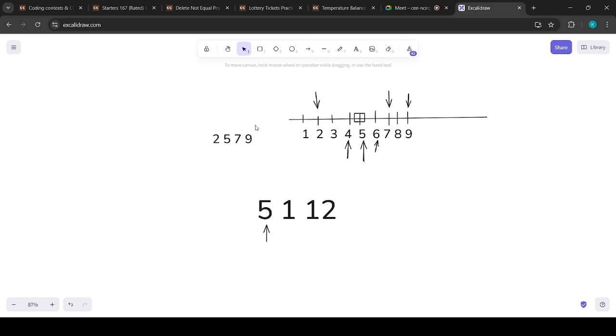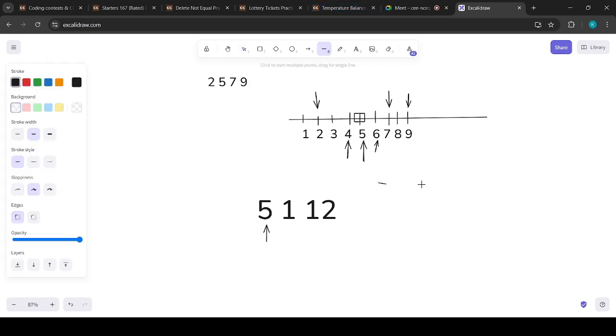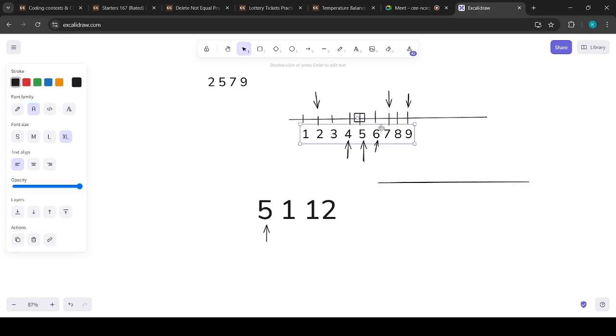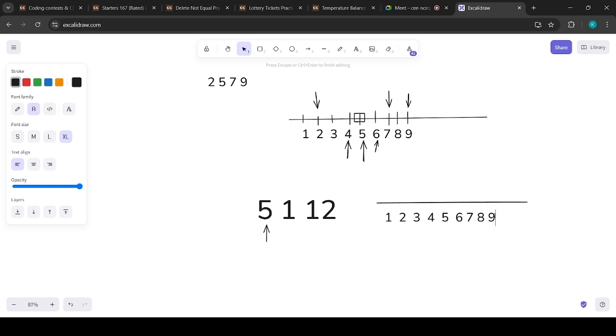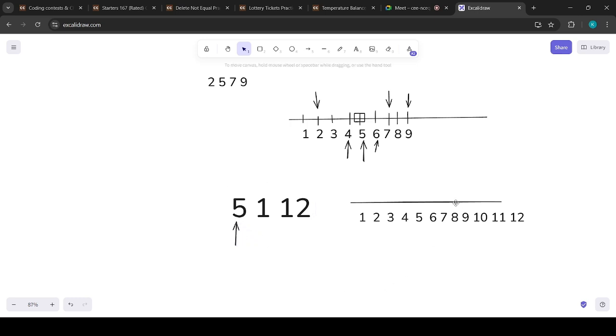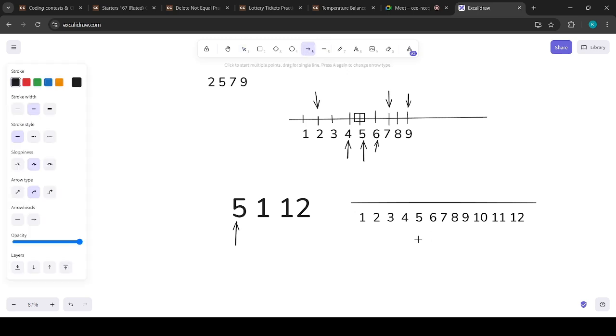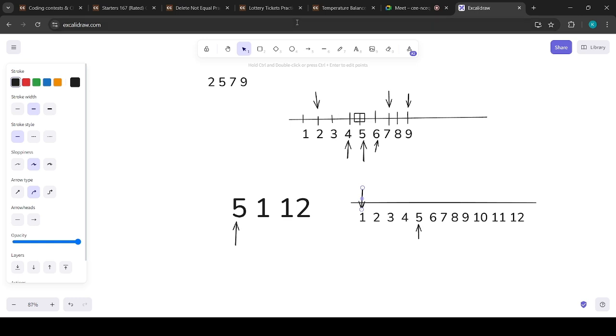If we sort this on a number line, first we take the number 5, and others have numbers 1 and 12.